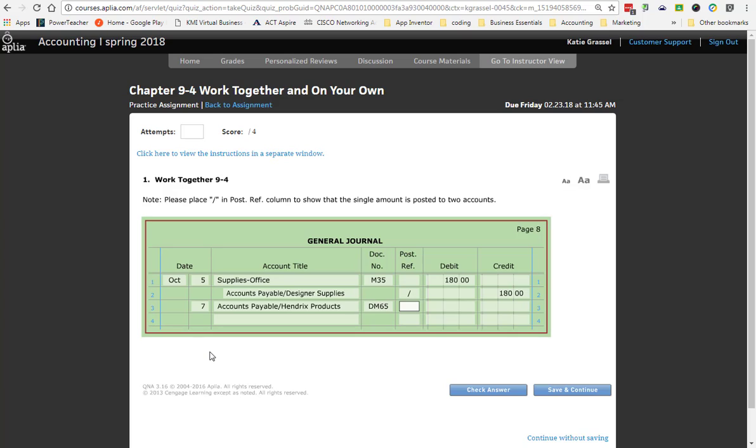Our source document is DM65. DM stands for Debit Memorandum. Because think about it. What am I debiting? Accounts payable. You are going to learn about a source document coming up in the next chapter that is a credit memorandum. So we're going through and we are debiting our accounts payable. We have accounts payable / Hendricks Products, so we have to put a check mark in my post reference as well, and we're putting in $540.